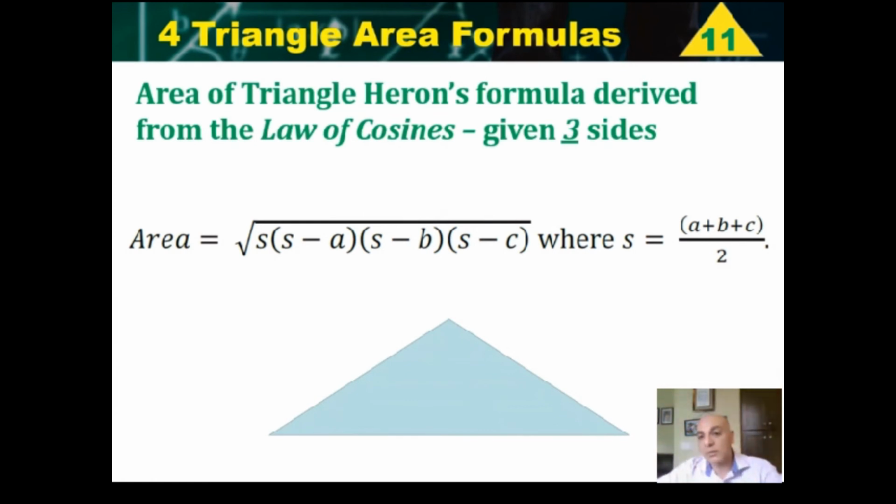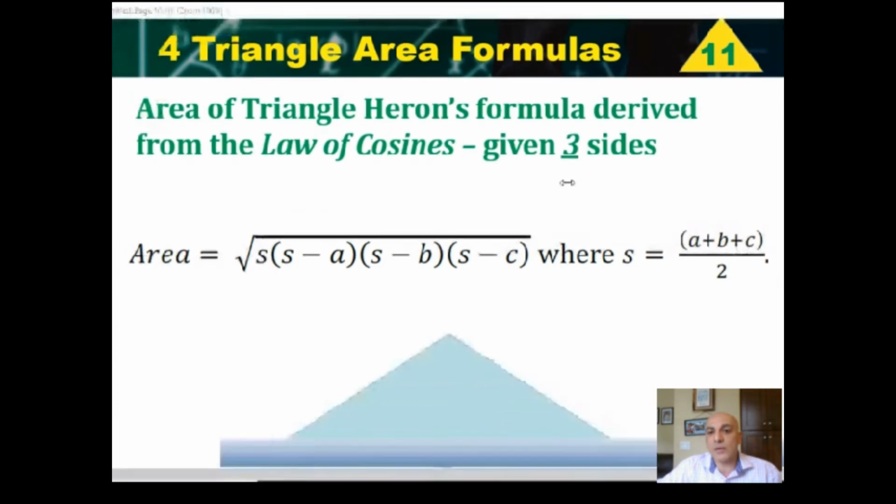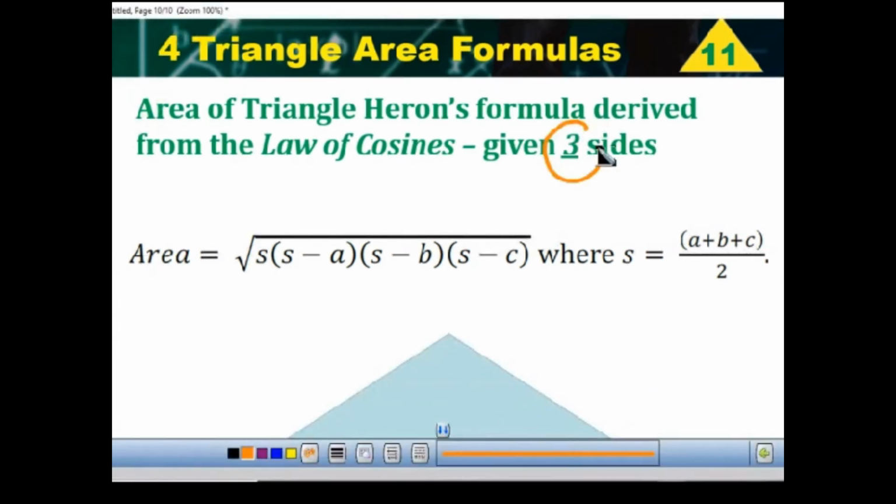That's powerful. Seriously. No height, no 1/2 base times height, nothing. This guy discovered you only have to have 3 sides given, and Heron will tell us exactly how to get the area of that triangle.